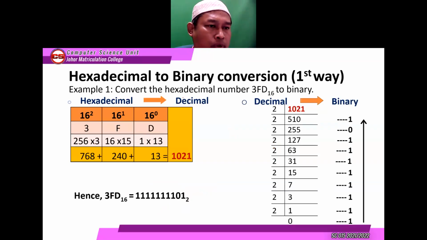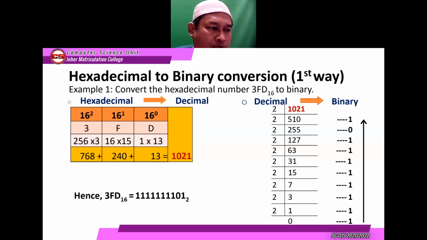Convert first to decimal numbers. Hexadecimal numbers are converted to decimal numbers. The formula is power of 16. So power of 16, 3FD based on 16. D is 16 power of 0, F is 16 power of 1, and 3 is 16 power of 2.